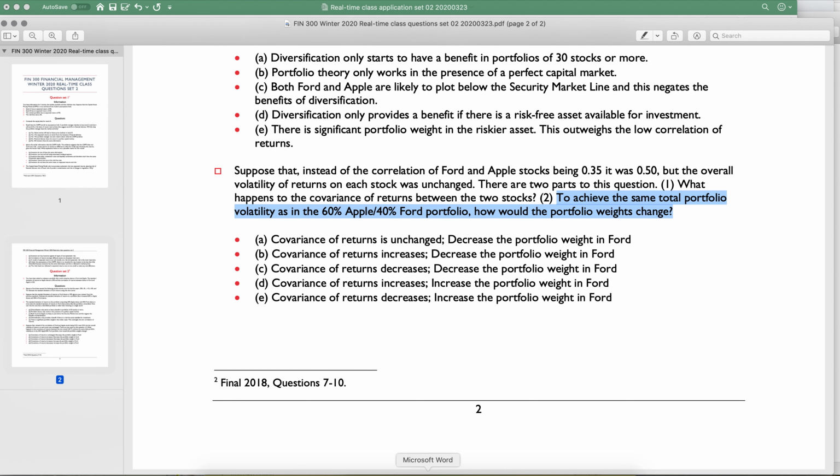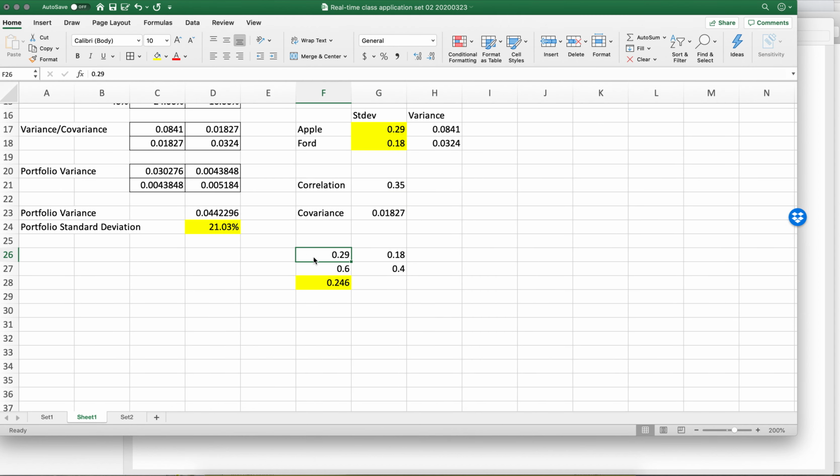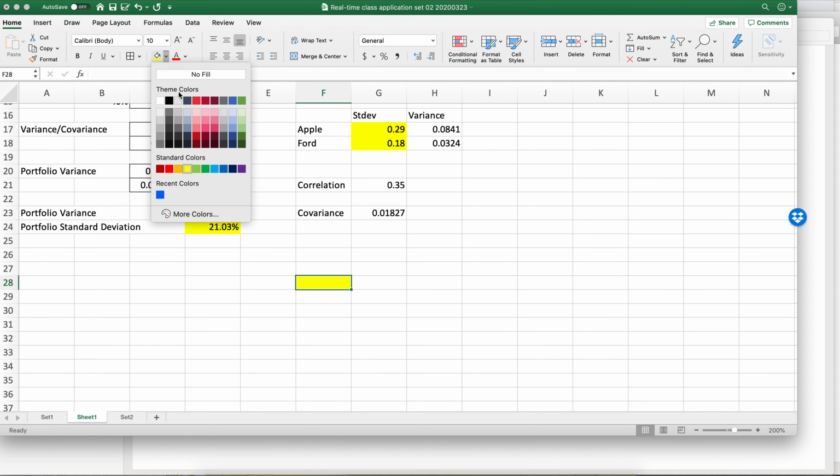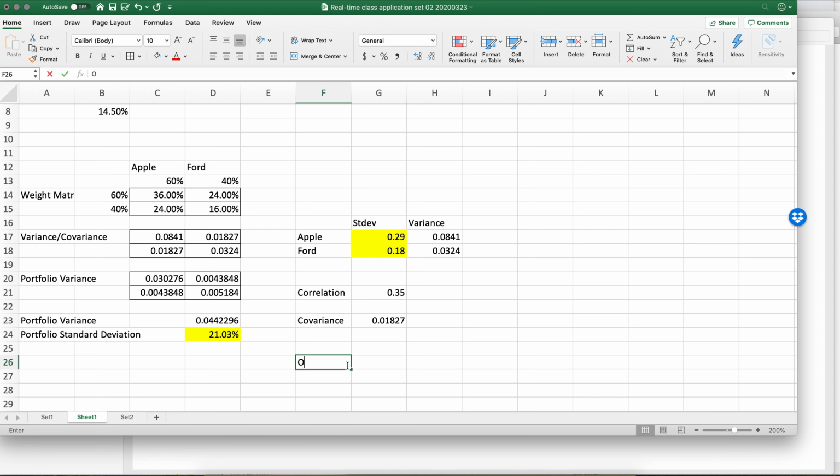So let's look at covariance. All right, go back to 0.35. Let me delete these. I hate it when it's highlighted and it shouldn't be. Okay, so when the correlation is 0.35, the covariance is 0.01827.